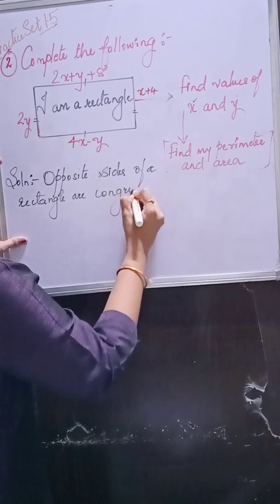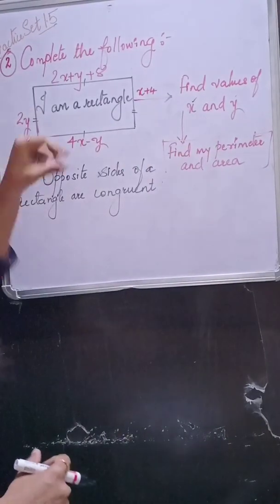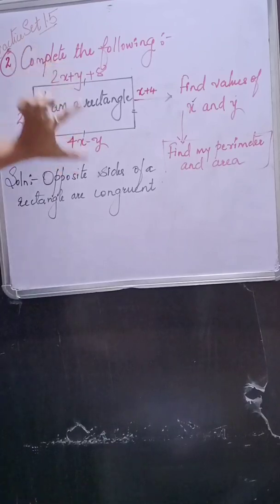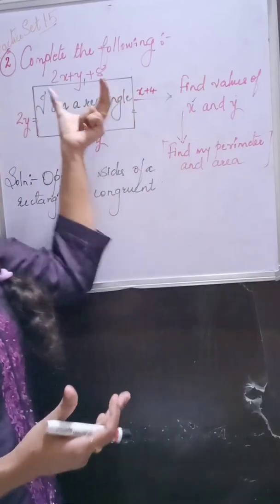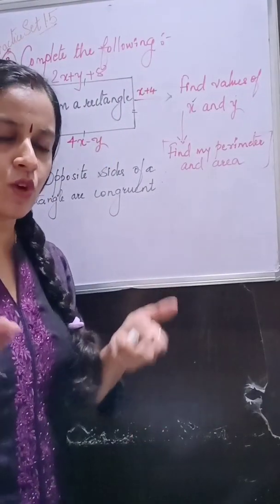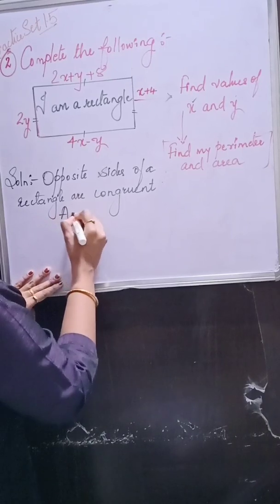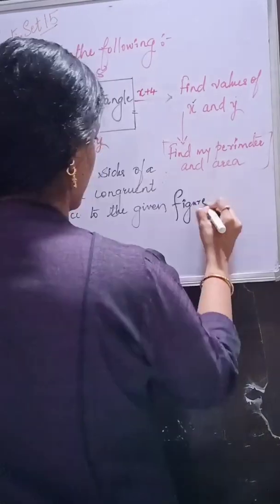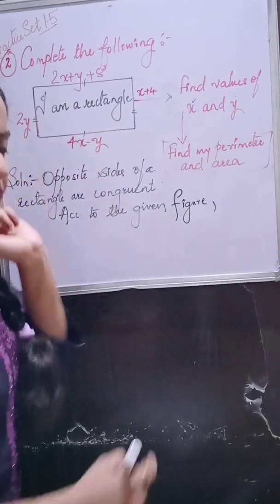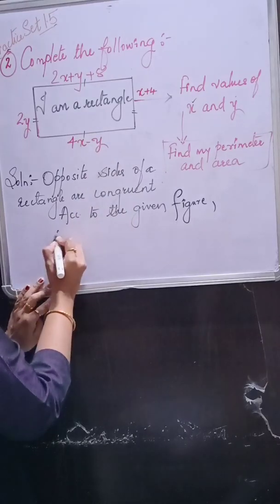Opposite sides of a rectangle are congruent. We are going to use this property to solve this sum. You can see both the opposite sides are given by some equation. Ultimately, they are going to be of the same length because opposite sides are congruent. According to the given figure, let us consider these two opposite sides.